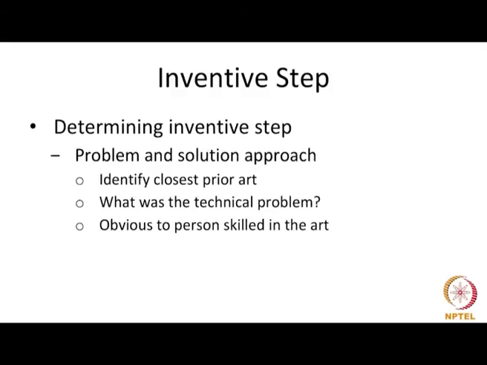If a person who knew the closest prior art and the technical problem could have solved it by coming up with a paper clip, by bending a steel wire in particular places to hold the paper, if the analysis would allow that to happen, then we would say that the invention would not involve an inventive step.